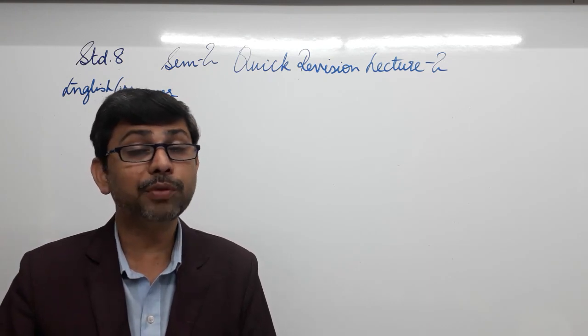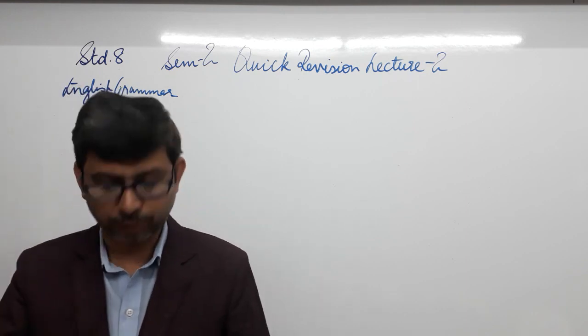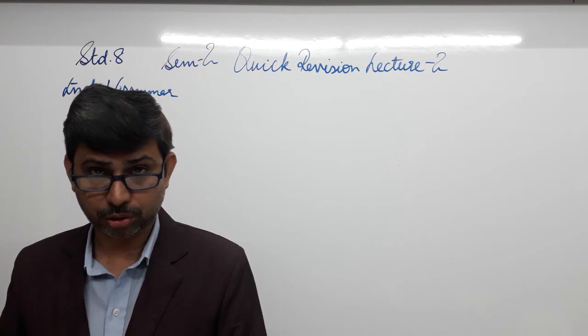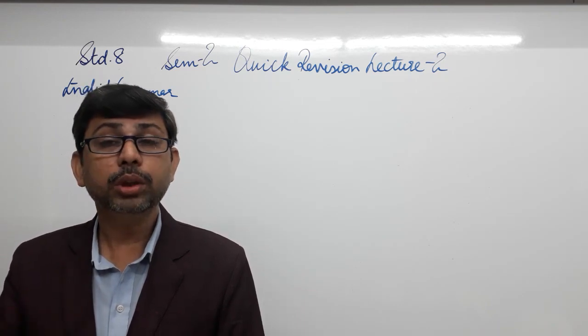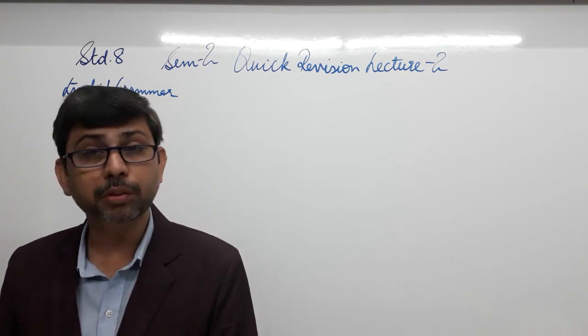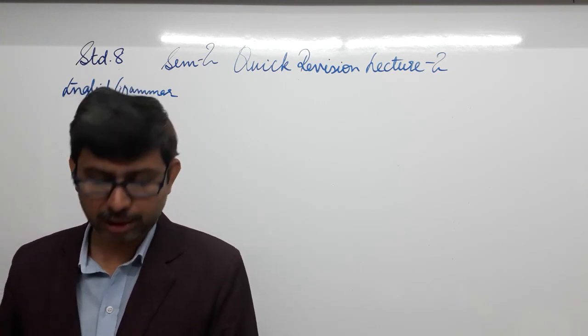It does not show any kind of action. Perhaps it shows the function of a noun. So very clearly it's mentioned that the gerund is a verb ending in ing. It looks like the present participle, the ing form of the verb, but it plays the role of a noun in a sentence.